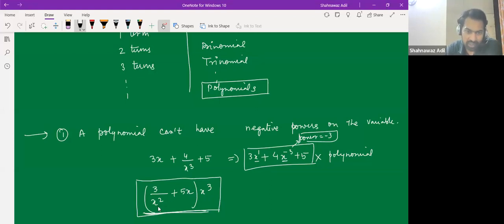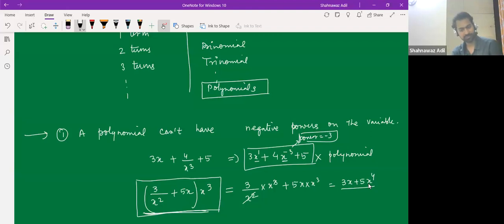From here it looks like not a polynomial, but when we simplify, we get x cubed, 5x and x. The x squared cancels and we have 3x plus 5x. Now can you tell me, is this a polynomial? Yes, sir. So this was a diversion, a decoy. First we have to simplify, and then we can confidently say whether it is a polynomial or not.